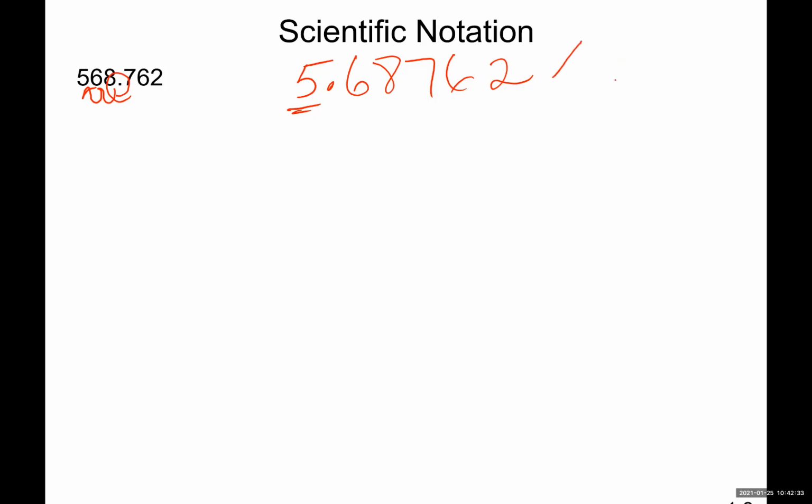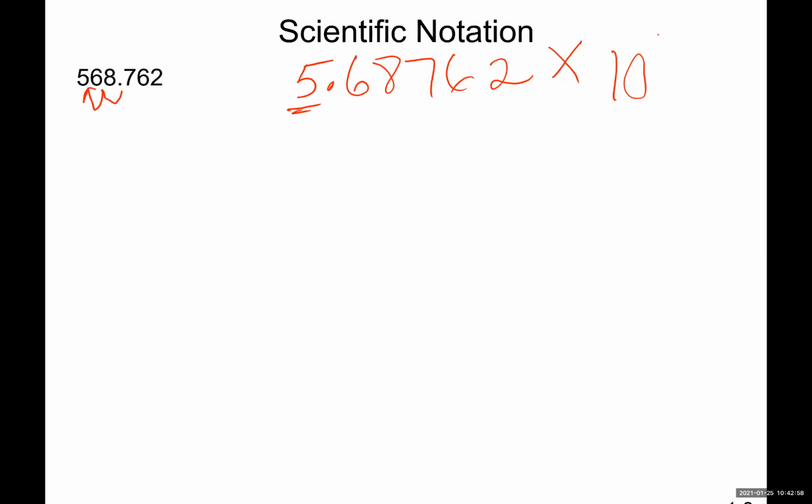And then, of course, I must use the power of 10. And how many times the power of 10 comes from the number of times I move the decimal point. Did I move this decimal point once and twice?